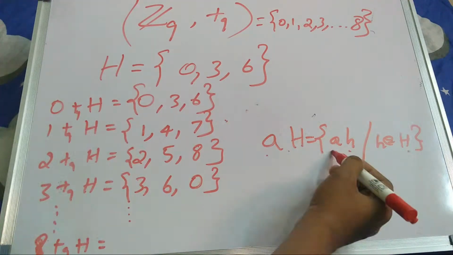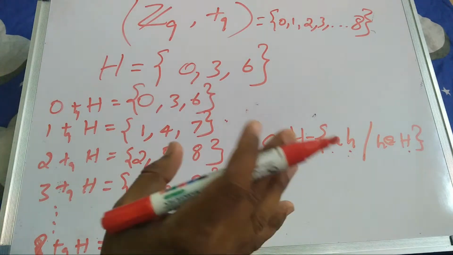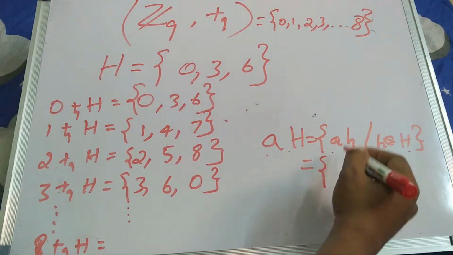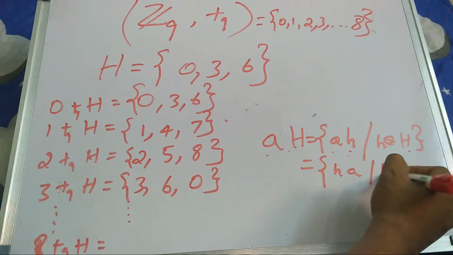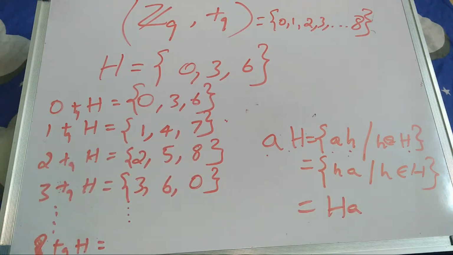So aH is defined as ah such that h is in H. If you assume the group to be abelian, this is going to be equal to ha, where h belongs to H, and this is nothing but the right coset.